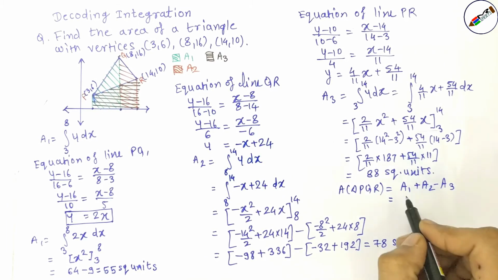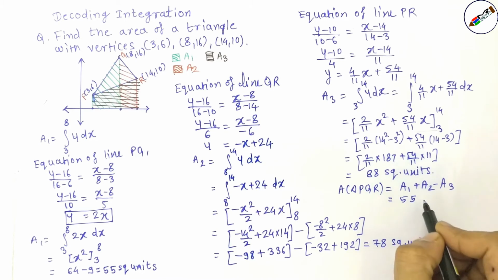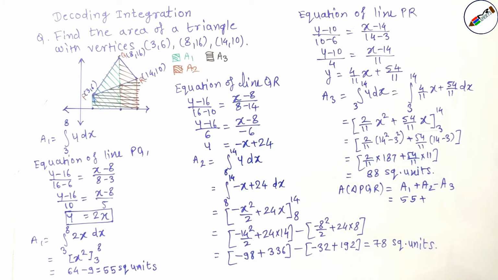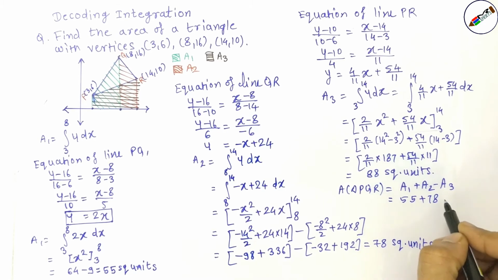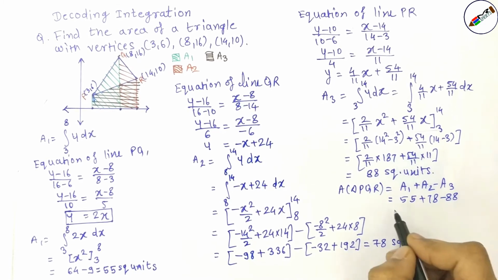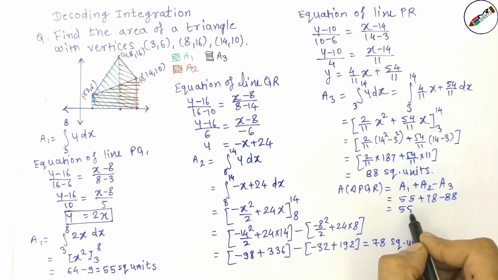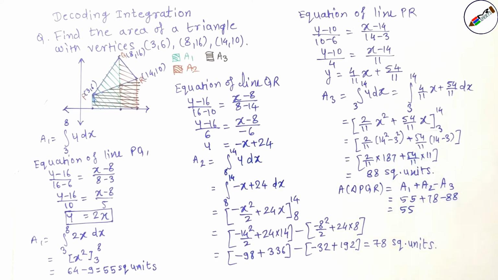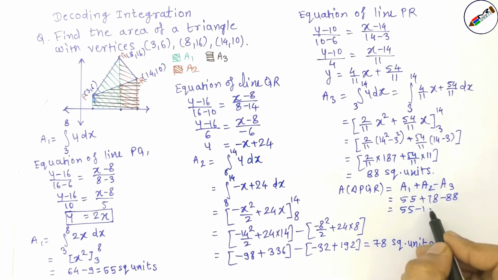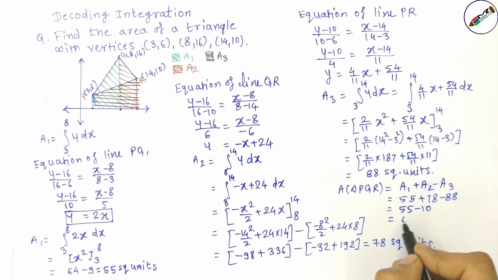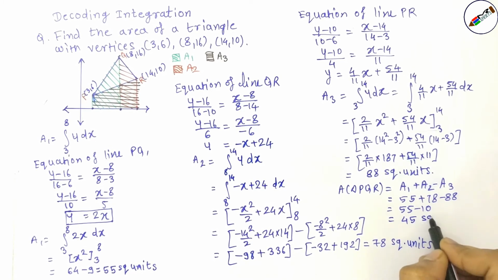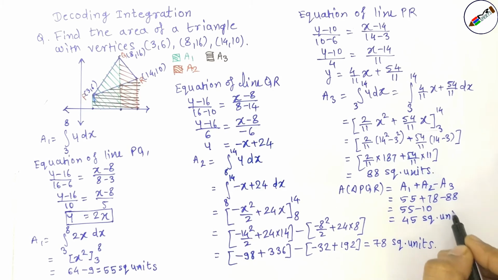What is A1? It is 55. What is A2? It is 78. And what is A3? It is 88. So you would see 78 minus 88 is minus 10. So it will be 55 minus 10. So the area of triangle PQR is actually 45 square units.